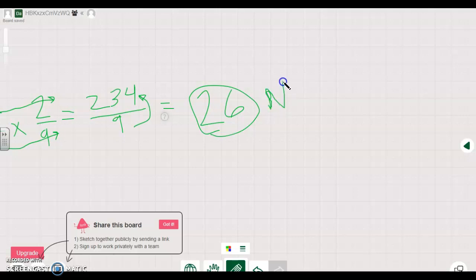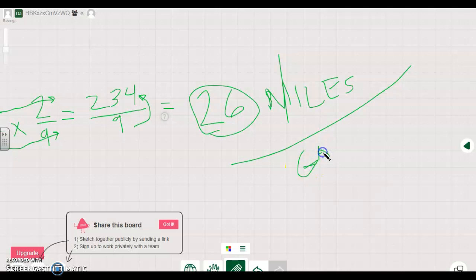My mouse doesn't want to cooperate, so let's write it with the mouse. Alright, so 26 miles per gallon.